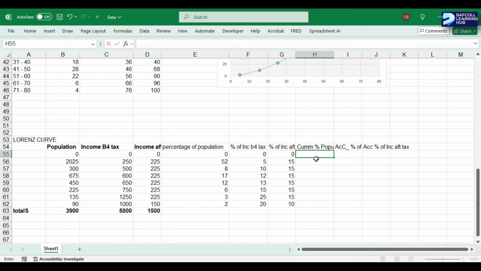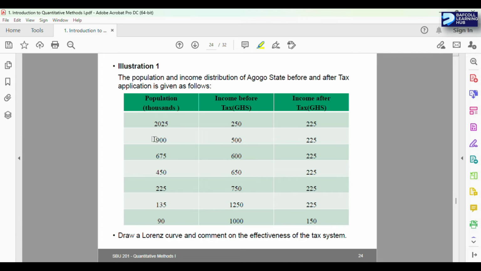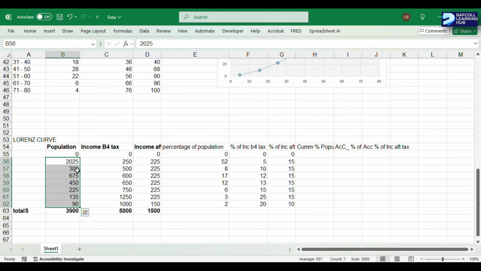I think something is missing. Let me check the data. Okay, so 225. I entered the wrong figure, so we have 900, not 300. Let me just change it. This is supposed to be 900. Sorry about that.